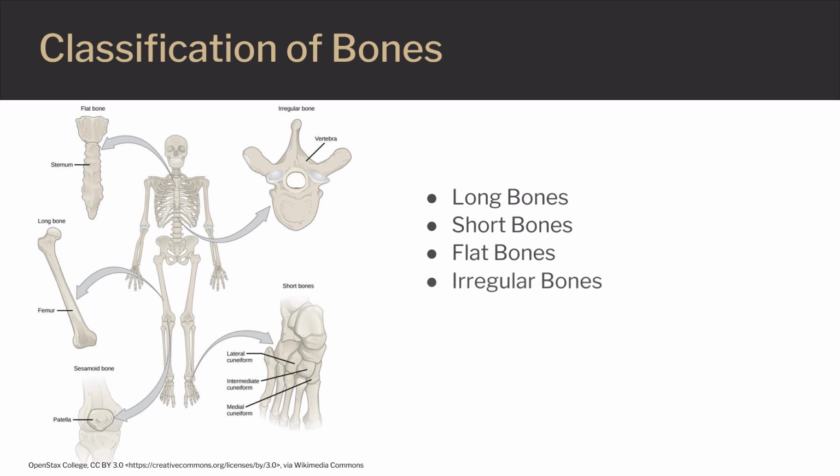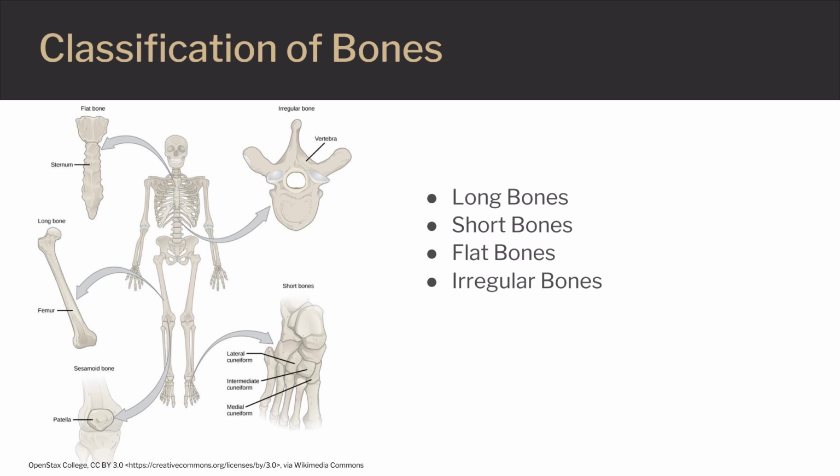Irregular bones. Bones that are not in any of the above 3 categories are classified as irregular bones. They're primarily spongy bone that's covered with a thin layer of compact bone. The vertebra and some of the bones in the skull are irregular bones. All bones have surface markings and characteristics that make a specific bone unique.